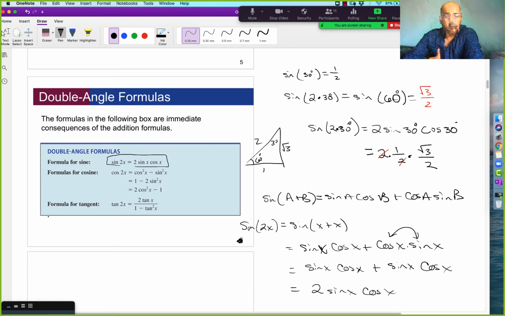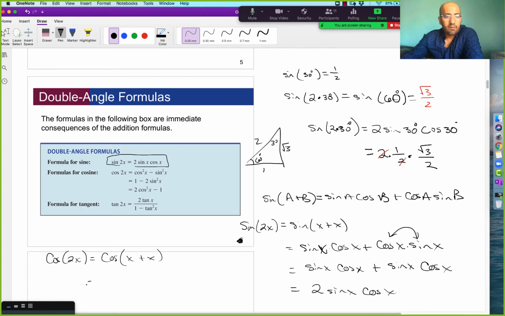Good? Questions? The other ones come in a similar manner. If you think about the formula for cosine of 2x, think of it as cosine of x plus x. Now look at the formula for the summation of two angles for cosine, and you'll arrive at these variations.